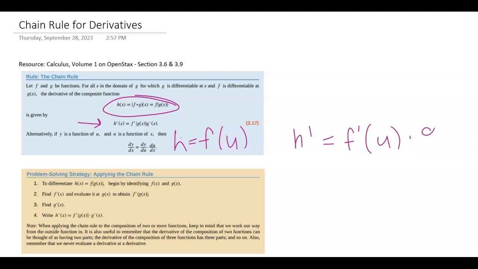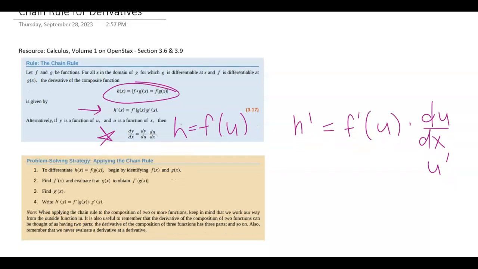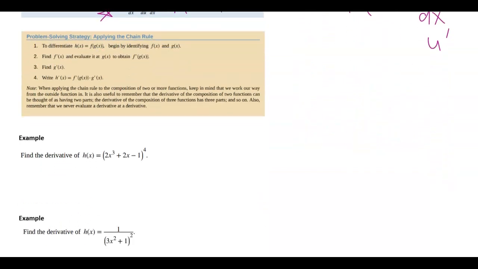And then we will take the derivative of u with respect to x, or we'll take u prime if you will look at it kind of that way, which is a little bit more of this notation here, or Leibniz notation.